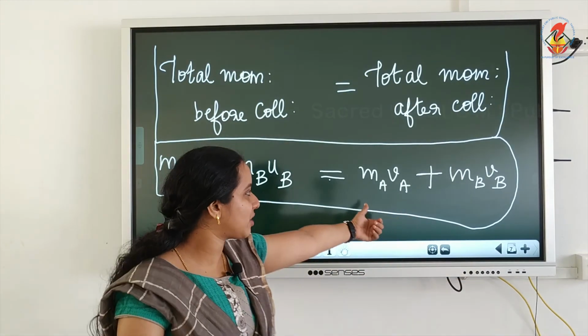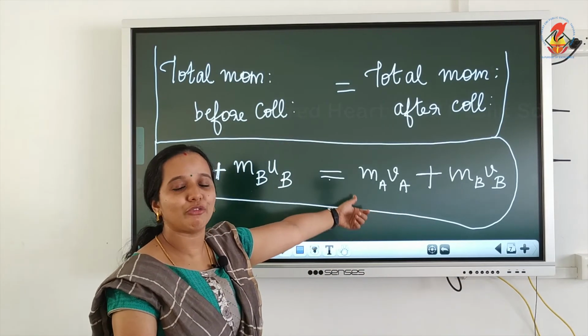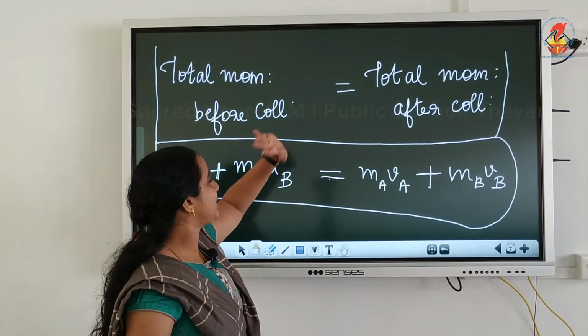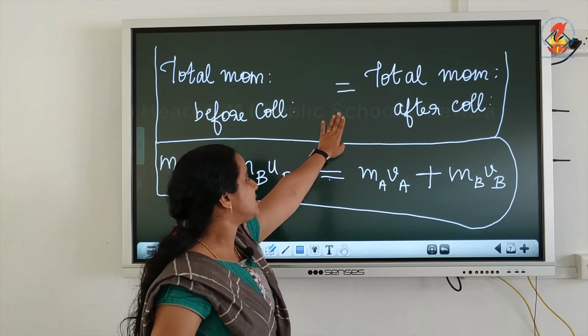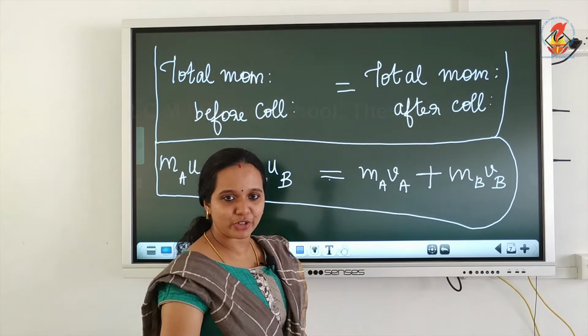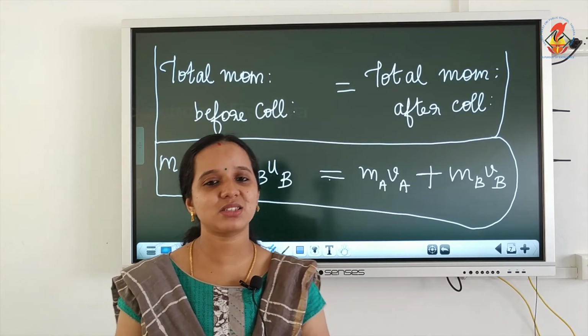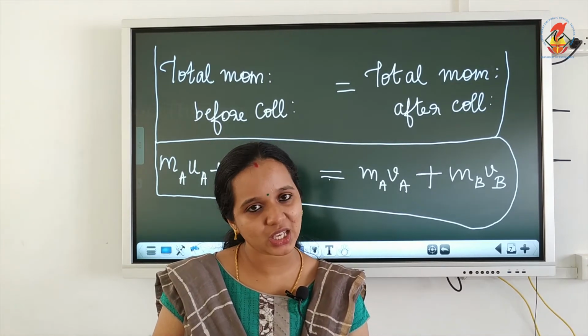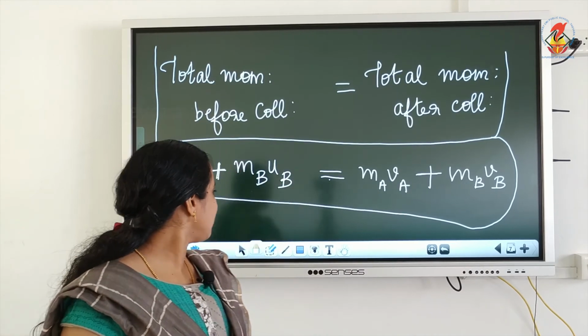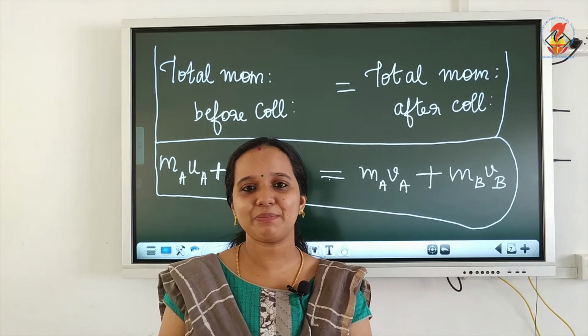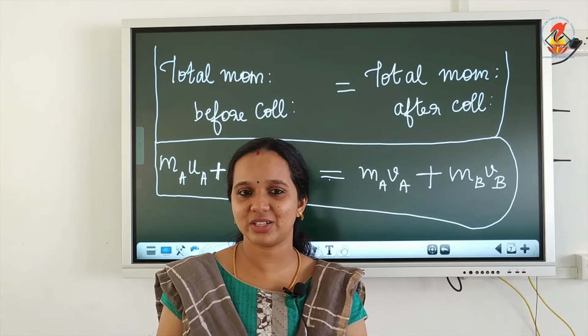So this is the mathematical formula of the law of conservation of momentum. That is, total momentum before collision is equal to total momentum after collision. That is, MAUA plus MBUB is equal to MAVA plus MBVB. Hope the derivation is clear.